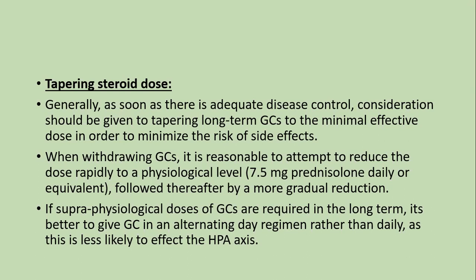Tapering steroid dosage. Generally, as soon as there is adequate disease control, consideration should be given to tapering the long-term glucocorticoids to the minimum effective dose in order to minimize the risk of side effects. When withdrawing glucocorticoids, it's reasonable to attempt to reduce the dose rapidly to a physiological level, that is 7.5 milligram prednisolone daily or equivalent, and thereafter by more gradual reduction.